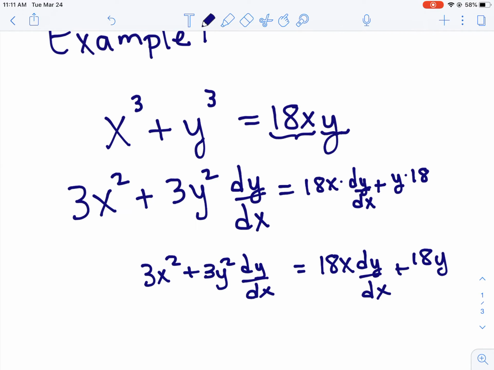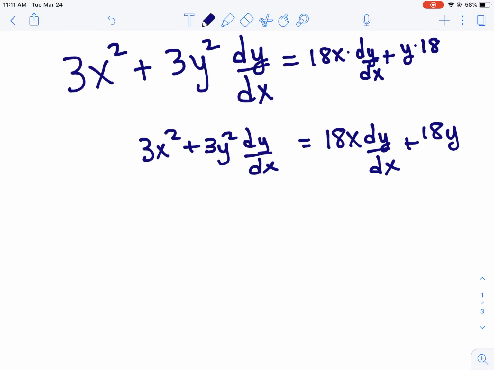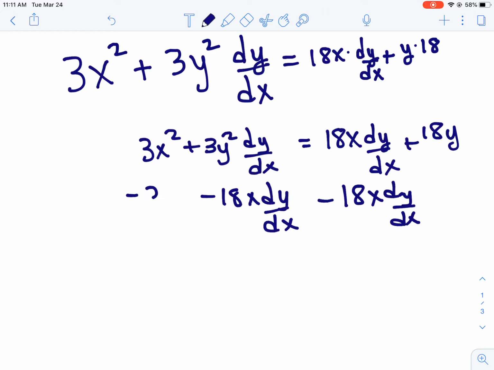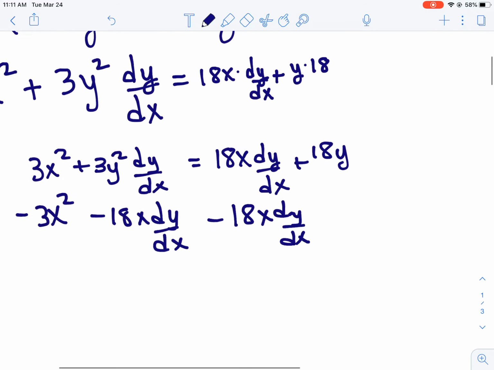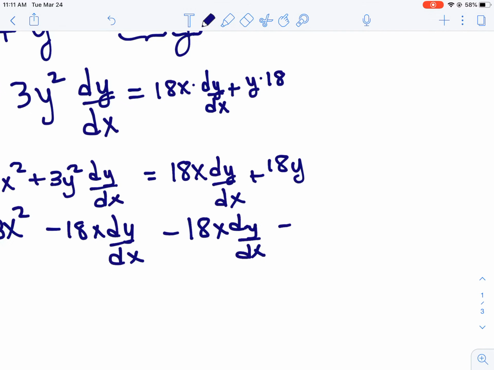All right, so now what we have to do is get the dy dx on the same side. So we're solving for dy dx. So what I'm going to do is subtract 18x dy dx from both sides, and I'm going to subtract 3x squared from both sides because I want to get the dy dx together.